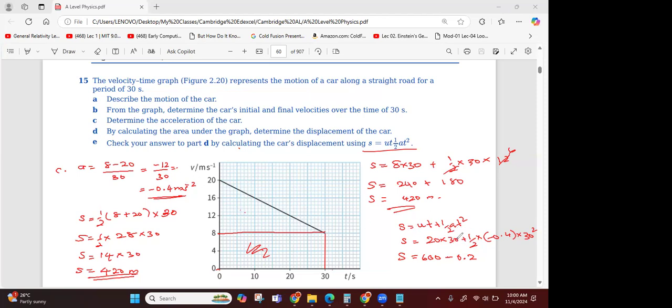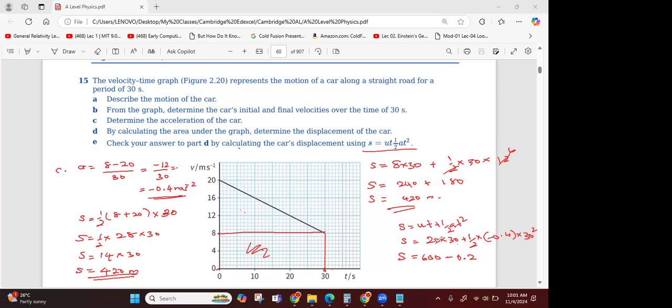Now u is 20 and time is 30 seconds. u is the initial velocity, and time is the time that has been spent. So from this moment you start to measure time as 0, when it's 20.